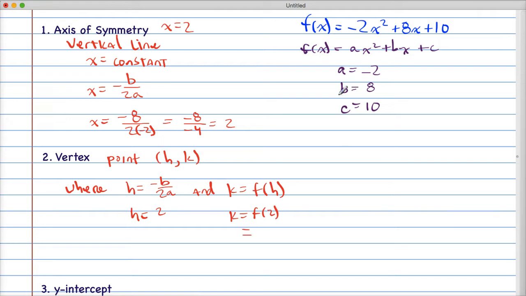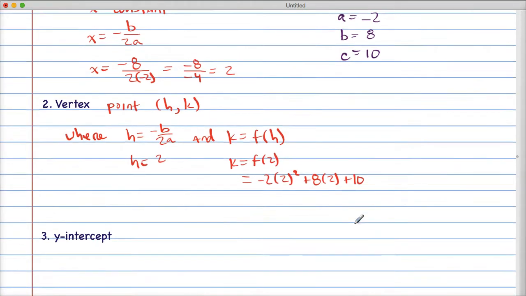And I can plug that into my original function. So that's negative 2 times 2 squared plus 8 times 2 plus 10. Now I would just evaluate that. So I have negative 2 times 4 plus 16 plus 10. So I have negative 8 plus 26. And so that's going to be 18.